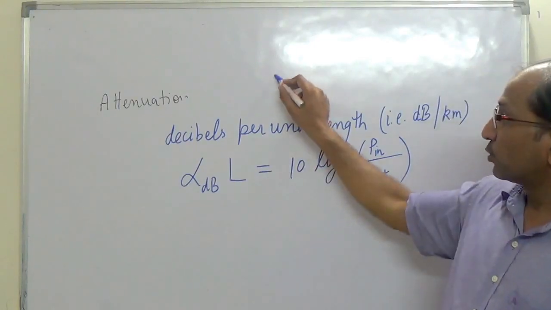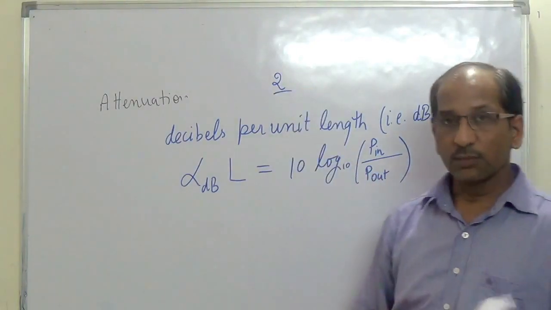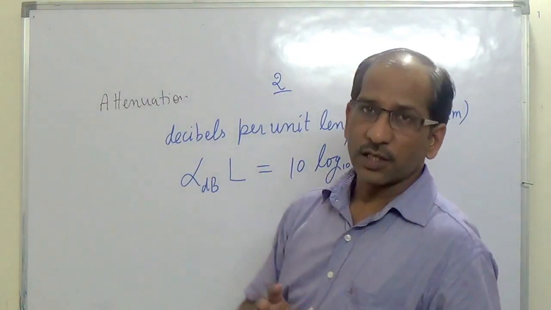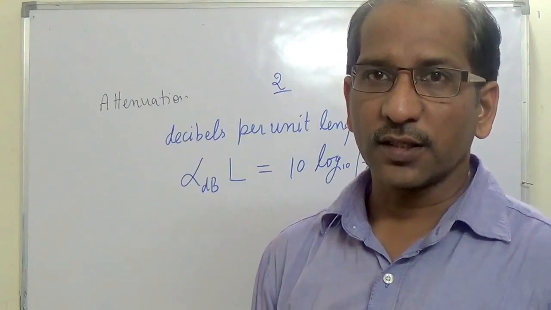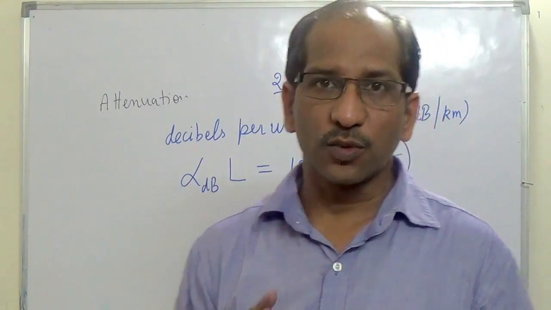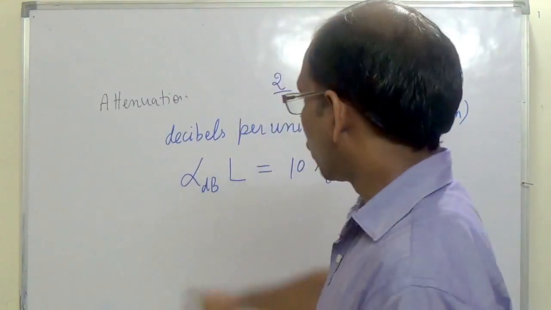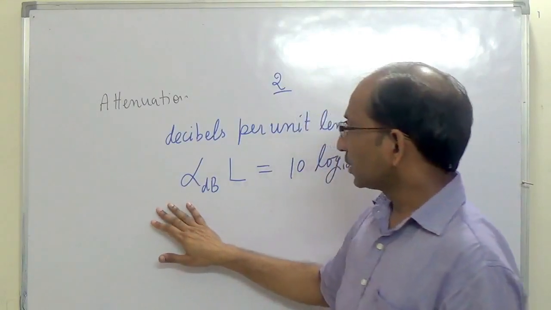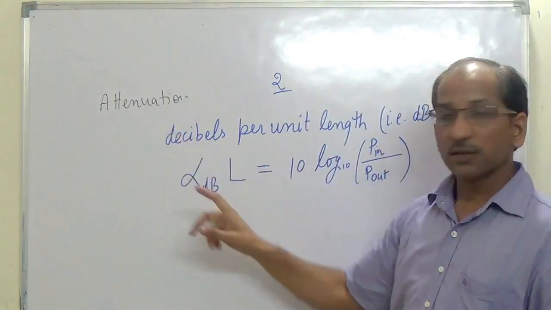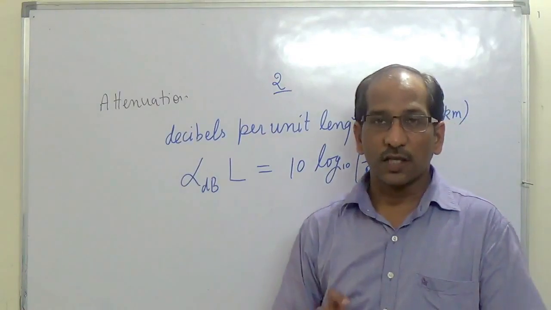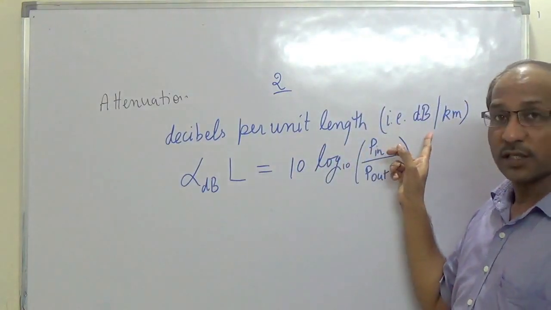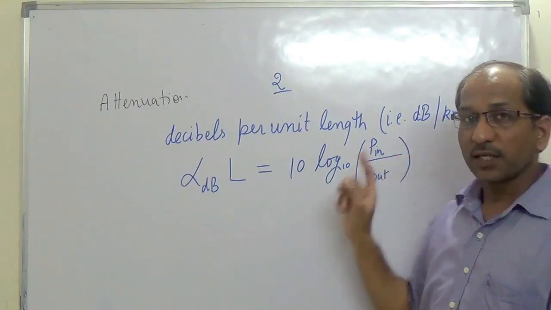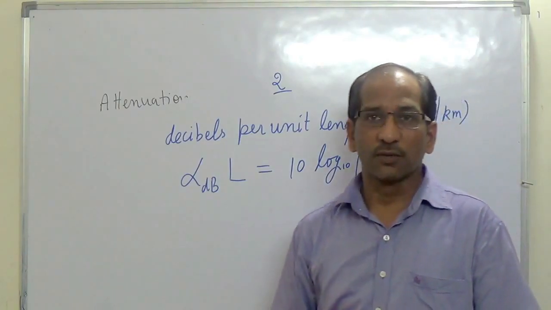So there are two formulae for the attenuation. In the first case there is no use of the length, but in the second case we are using the length. This attenuation is calculated per unit length, defined in terms of the kilometer.